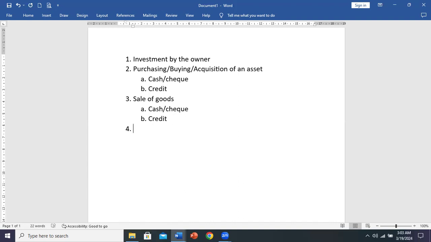And finally, the fourth one is the purchase or buying of goods. Again, you can do it on cash or check basis, or you can do it on credit.